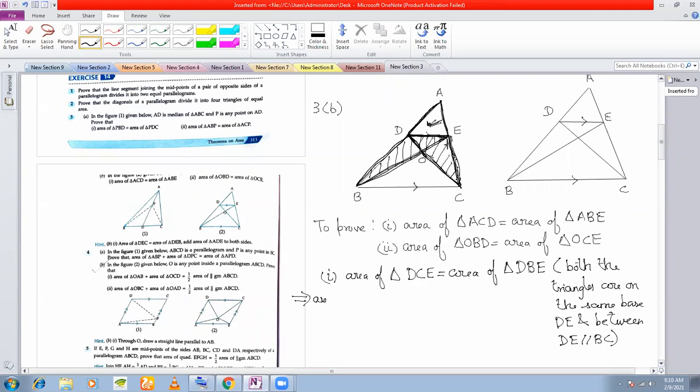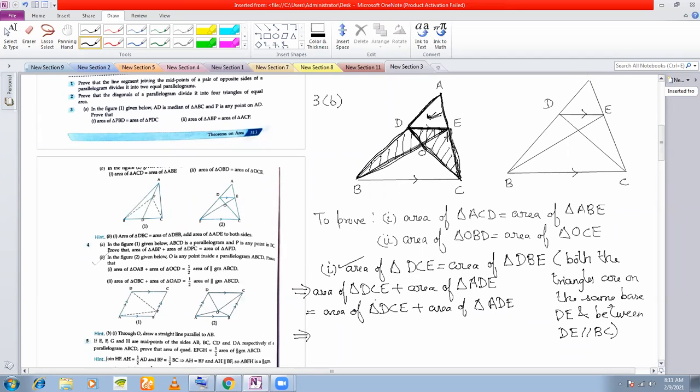So I write area of triangle DCE plus area of triangle ADE is equal to area of triangle DBE plus area of triangle ADE. See that I have only added area of triangle ADE on both sides of this equation. I have not done anything else.